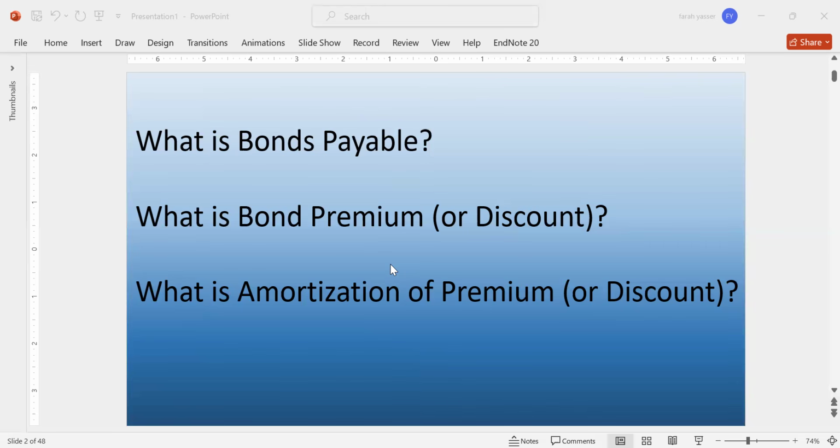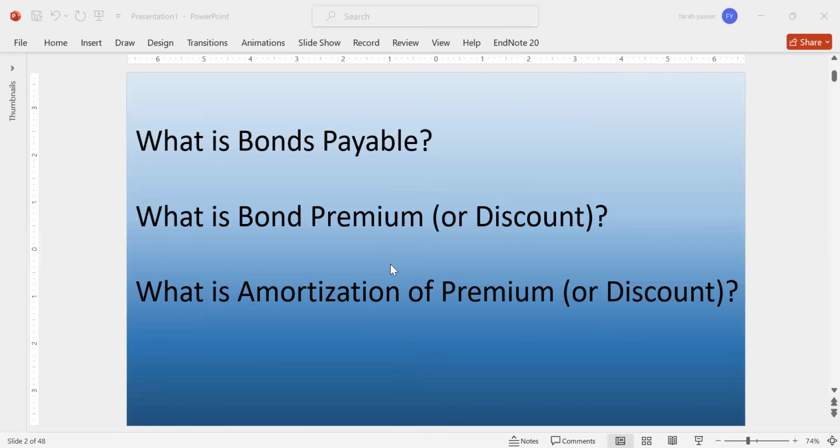For example, for a premium, the premium is gradually reduced over the bond's life, which decreases the interest expense on the income statement. Basically, if the bonds are issued at a premium, then that premium will be adjusted in the interest expense on the income statement.